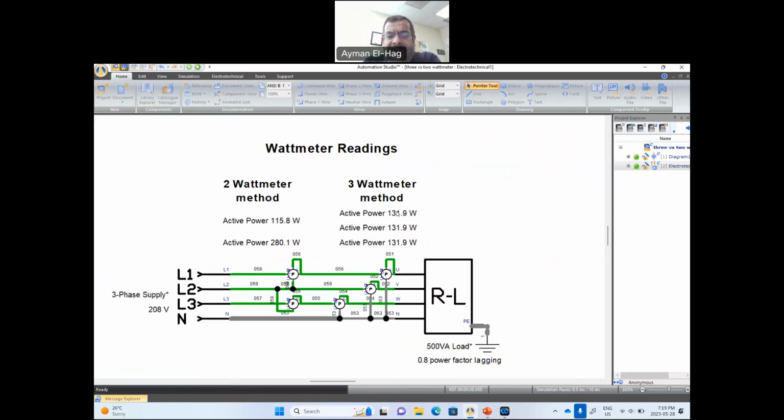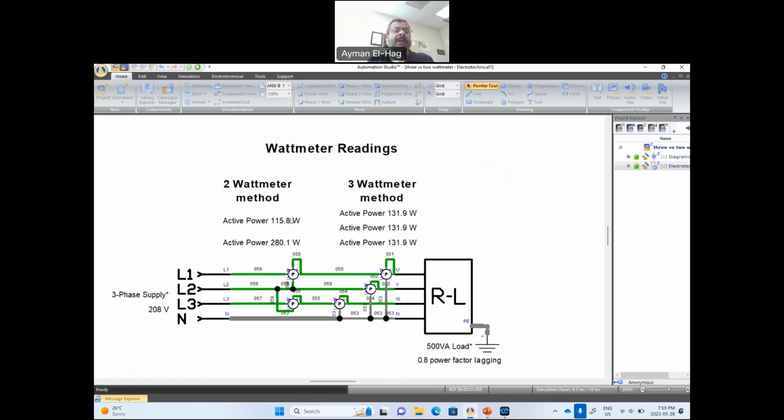So here we have phase A, B, and C. If you add the 3 of them, you will get around 395 or 396. And again, if you add these 2 for the 2 watt meter method, it is also around the same figure. So clearly both of them will give me the result.